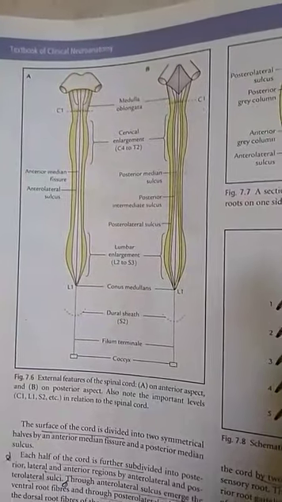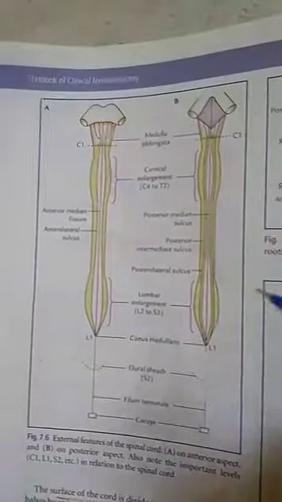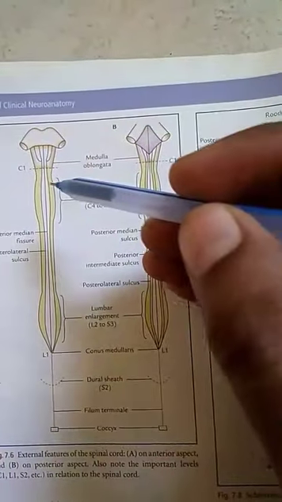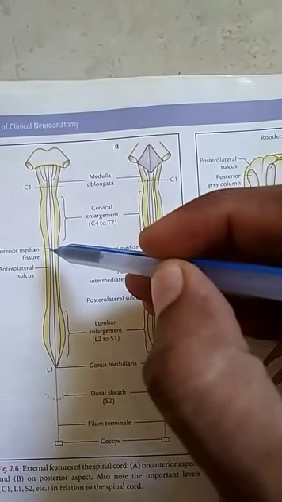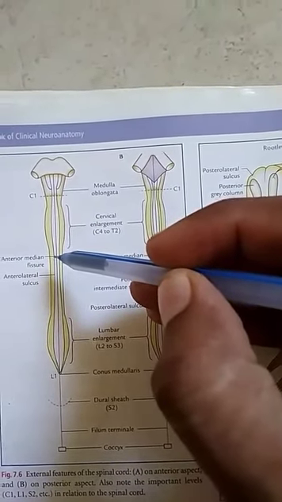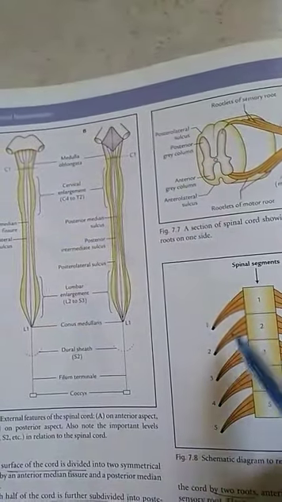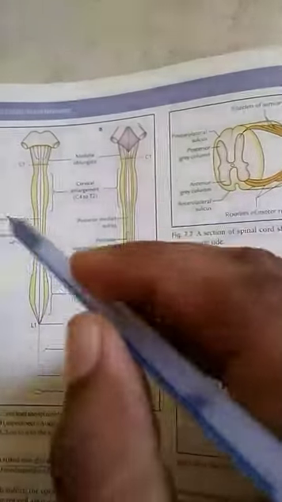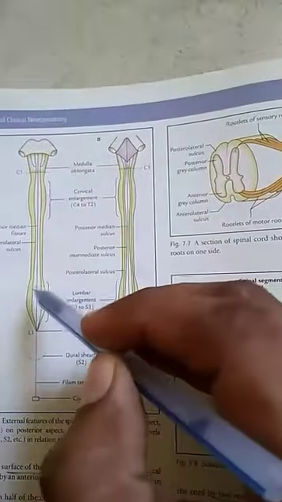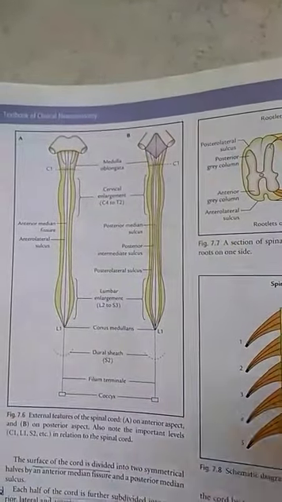We will discuss the external features of the spinal cord under the following headings. The first is the features and different sulci. The other one is the attachment of the spinal nerves. The third one, enlargements, and the fourth one, cauda equina.